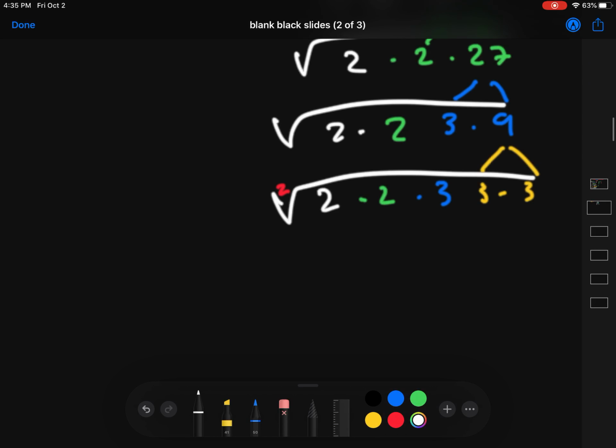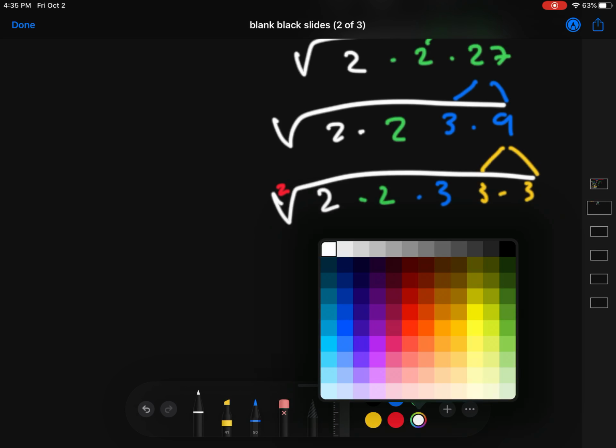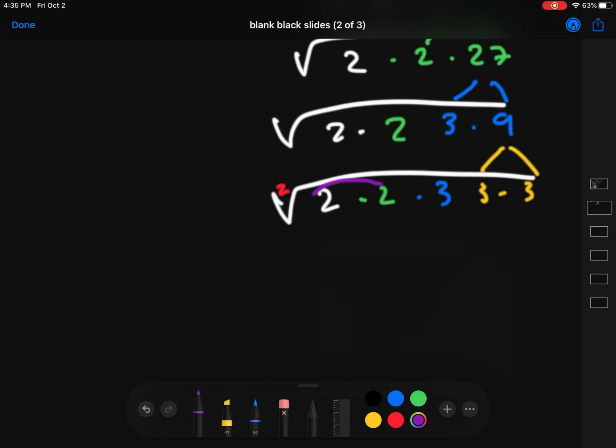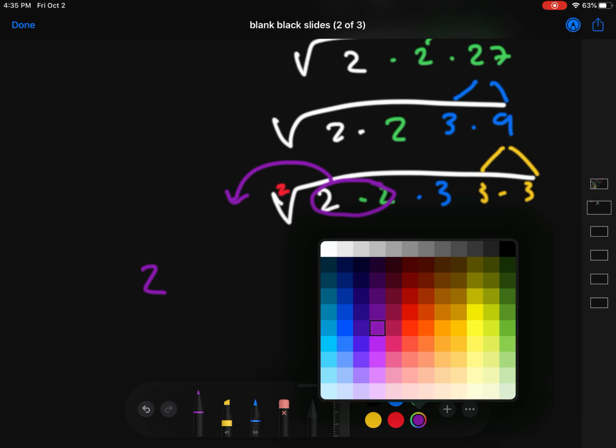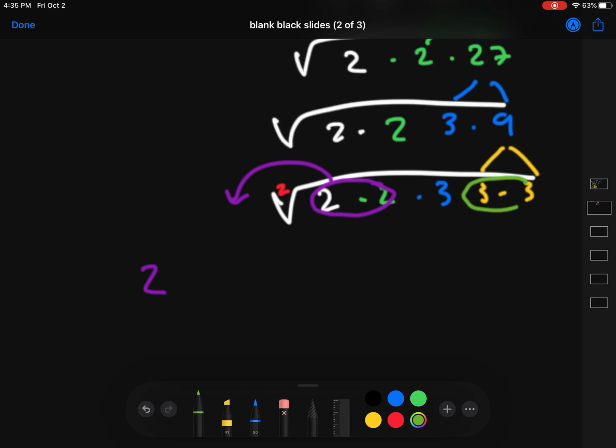Watch. It's really 2 times 2, or the square root of 4, so you have one 2 come out. And you get the 3's that get to come out as pairs. Okay, my story is there's a scary neighborhood out here, and it's so scary that you need to hold hands. So there's a pair of 2's, they can come outside the house. You see this blue 3 here has no one to hold hands with? They can't come out.